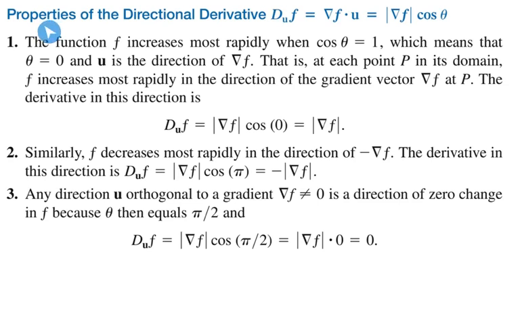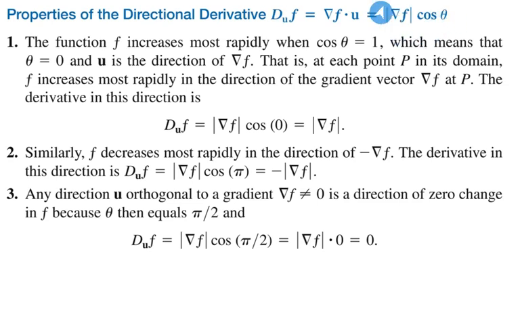Now we're going to discuss the properties of the directional derivative. So the directional derivative in the direction of u of f is equal to the gradient of f dotted with u, maybe evaluated at the point, or rather the magnitude of the gradient of f times cosine of theta.